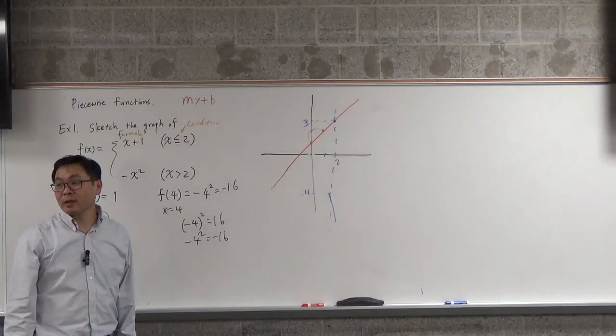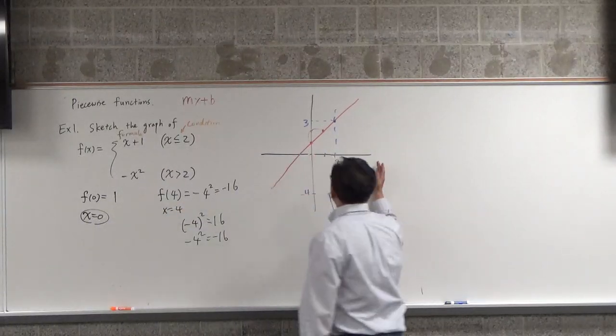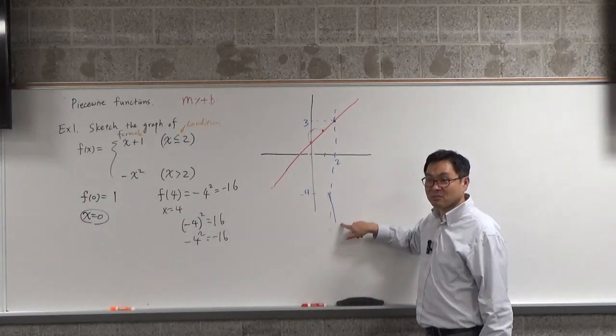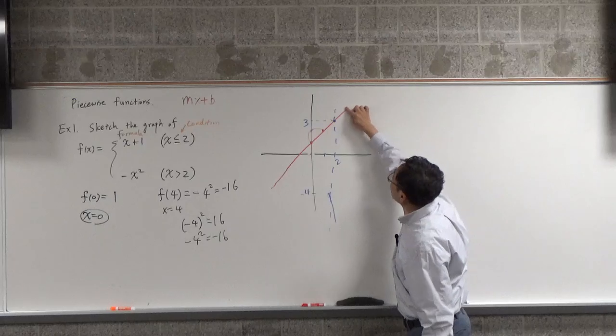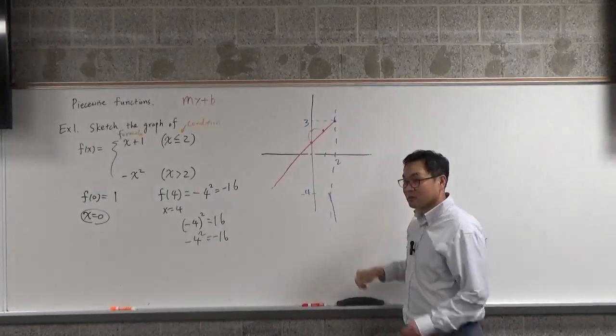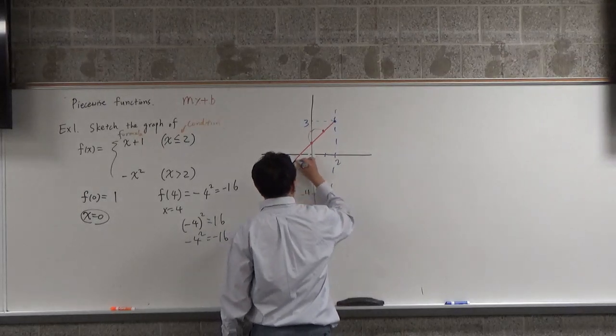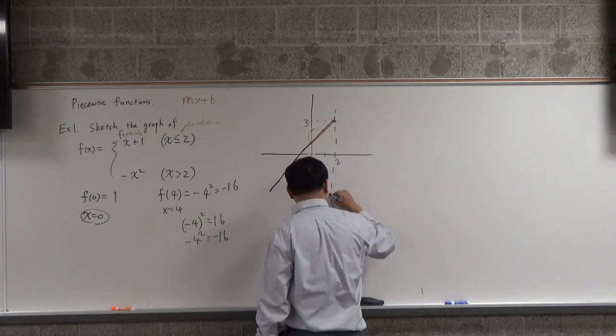Is that good? After 2, which one do we keep? The line or the parabola? It's the parabola. It's this one. We get rid of the line and we keep this, okay? So the end result is that we have something like that and then this.